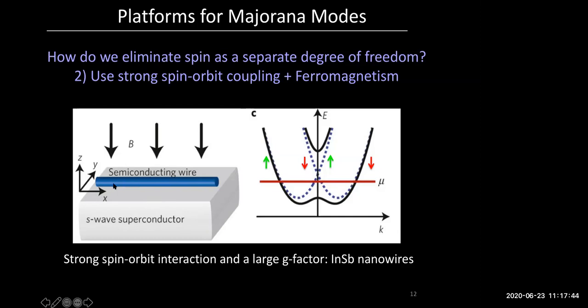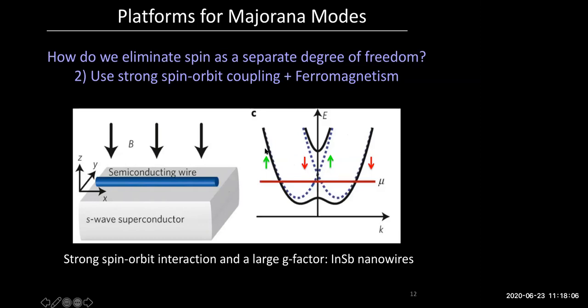So how does this happen? Well, let's say you have very strong spin-orbit coupling. In the presence of spin-orbit coupling, the dashed lines that you see here are the bands of the semiconductor, Rashba split by spin-orbit coupling.